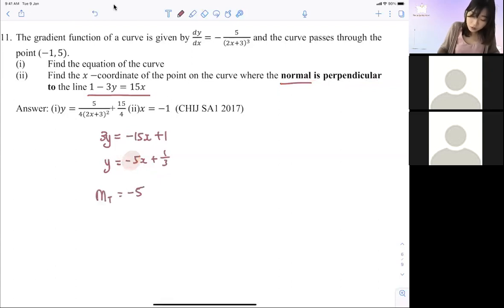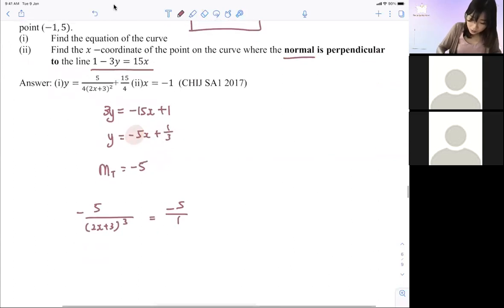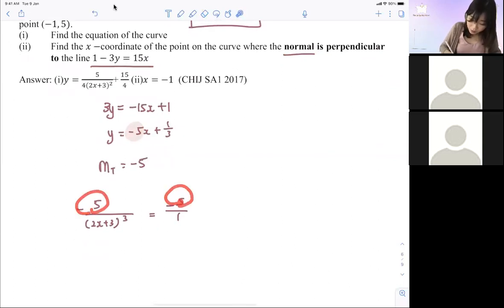And what does gradient of tangent represent? Gradient of tangent represents dy over dx. So just let dy over dx equal minus 5, the bottom is the same, 1.